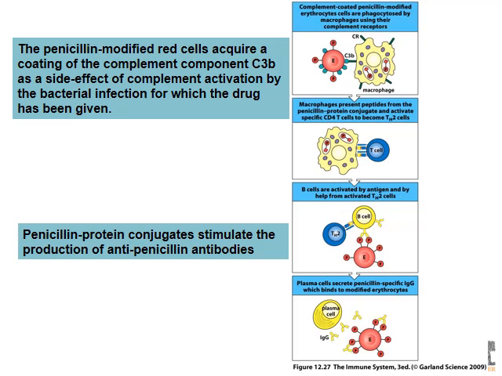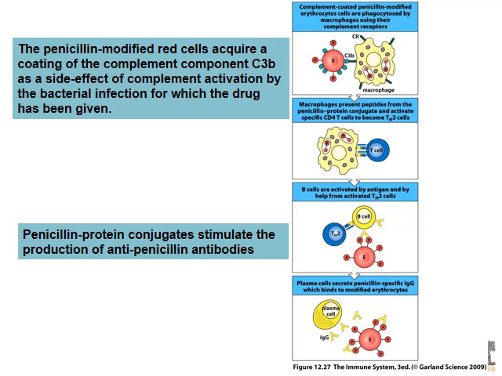So you give a drug to fight a bacterial infection, and that bacterial infection releases C3b, which is an opsonin to go after the bacteria and opsonizes them so that they're more palatable for phagocytosis. But the penicillin modifies the red cell, and the red cell is then phagocytosed by your macrophages because it is considered non-self.